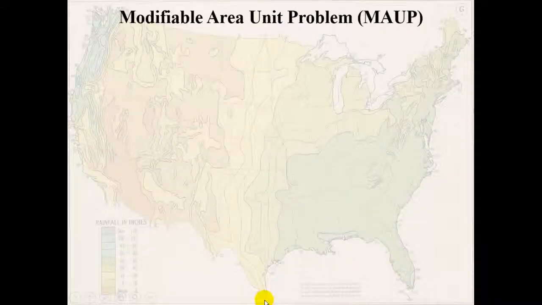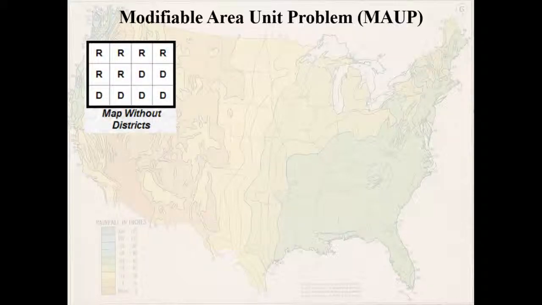Okay, back in the vector model, we talked about the modifiable areal unit problem, and that was a problem associated with when you aggregate numbers to some higher level. So you aggregate population to the county or something like that. Well, you run into a similar problem with rasters when you're aggregating things by zone. So here we have a raster map without any districts in it.